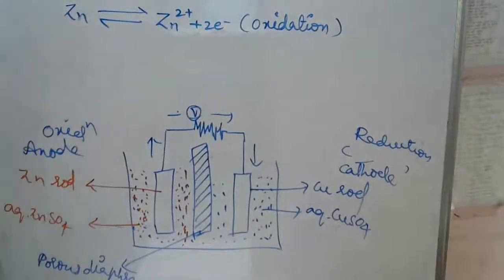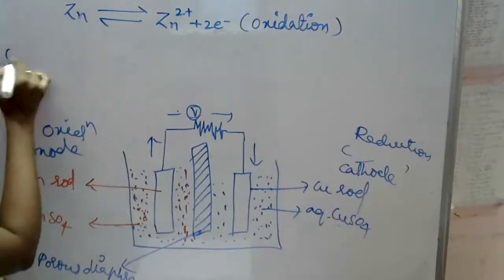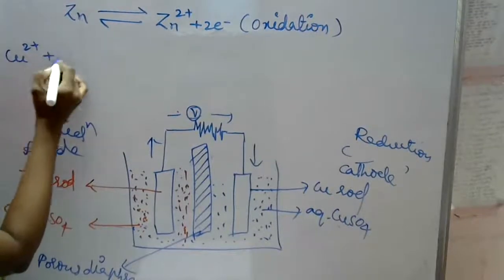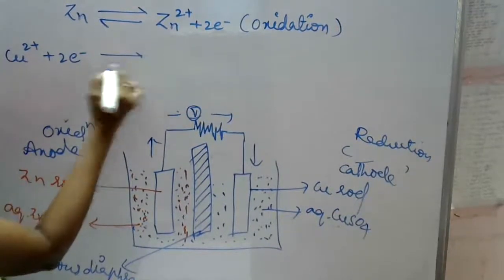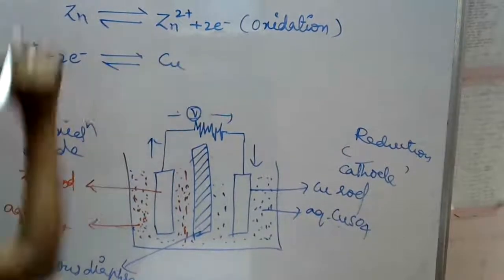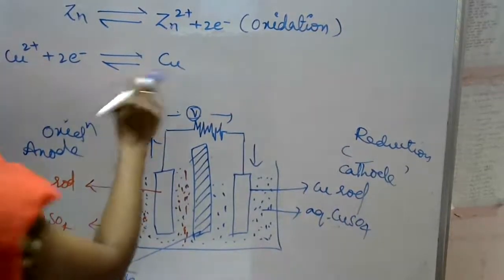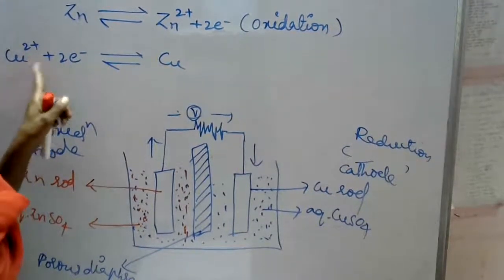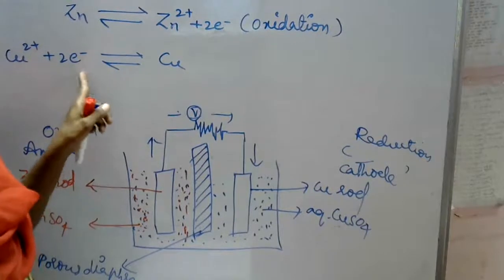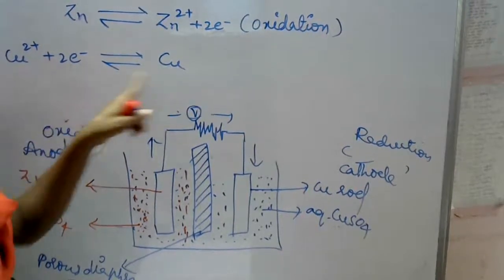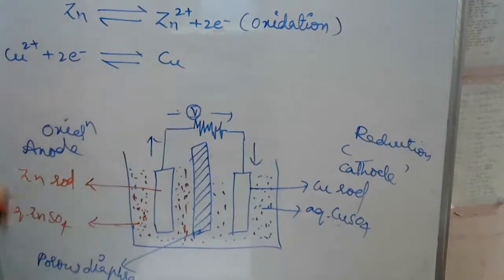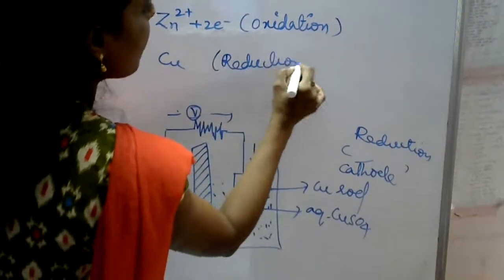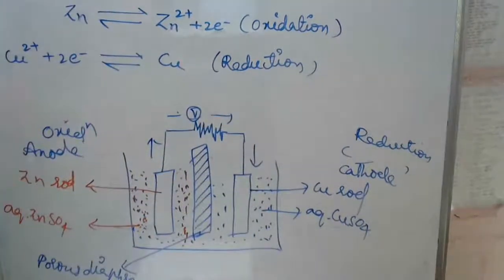Next, copper: Cu2+ accepts 2 electrons and becomes copper. This process is called reduction.